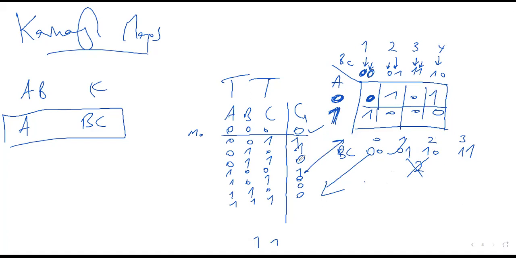Now, for n variables, the number of squares is equal to 2^n. So if you are given n variables, for example, here we have 3 variables, a, b, c, the number of squares in your Carnot map is 8 squares: 1, 2, 3, 4, 5, 6, 7, 8. The numbering system in the Carnot map is based on the gray code. I just explained that.